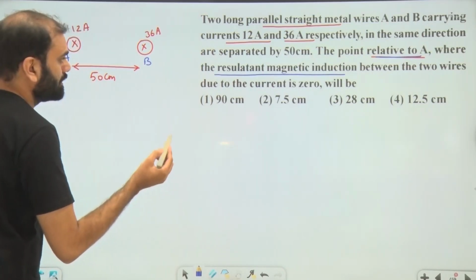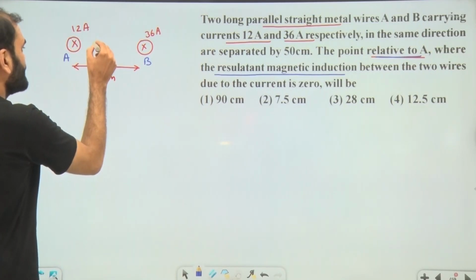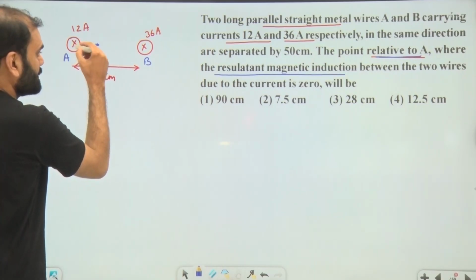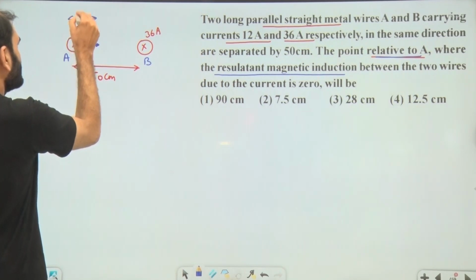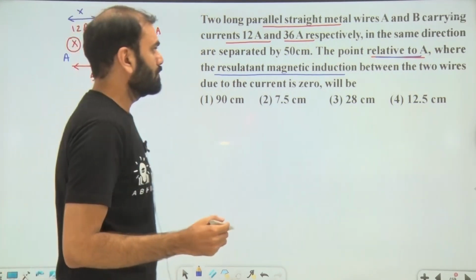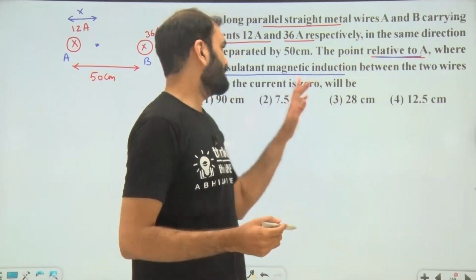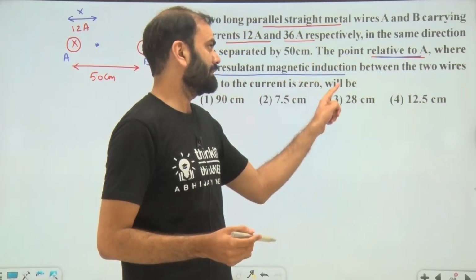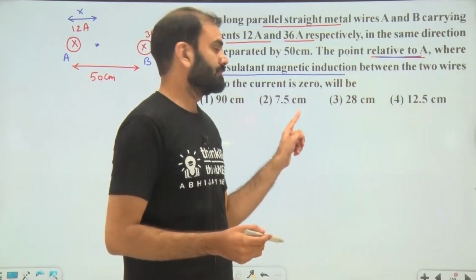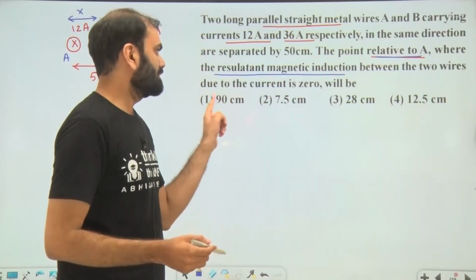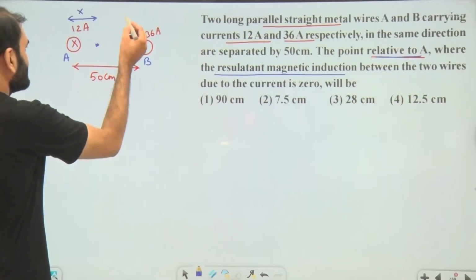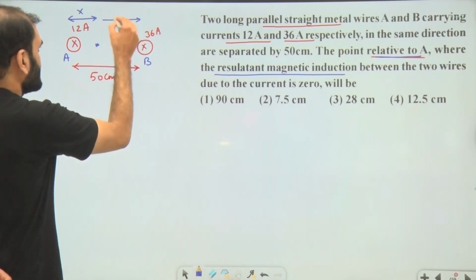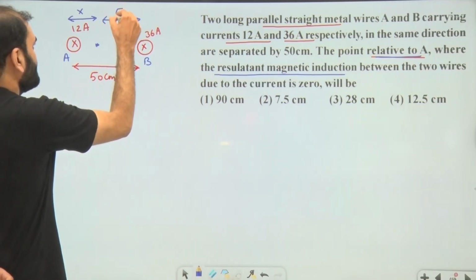So you have to calculate the value of x. If it is x, then the remaining distance will come out to be 50 minus x.